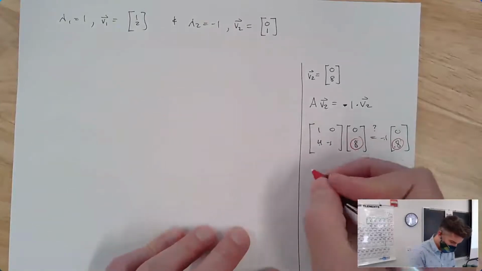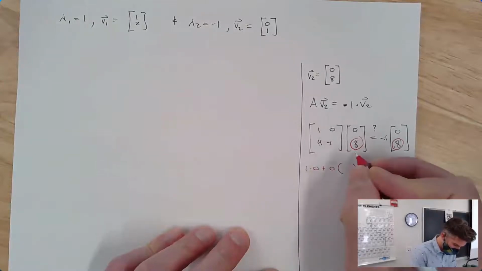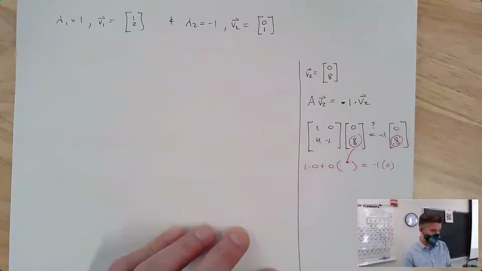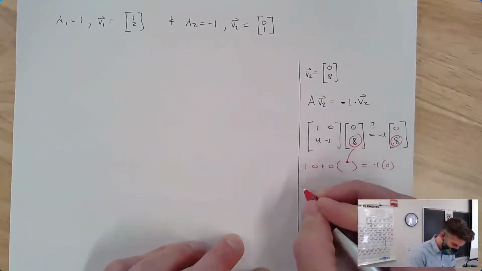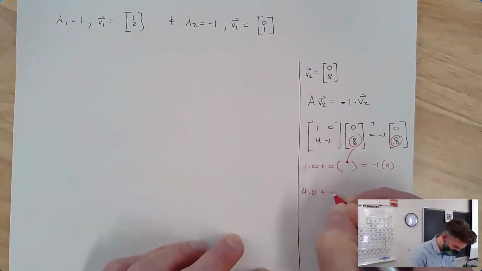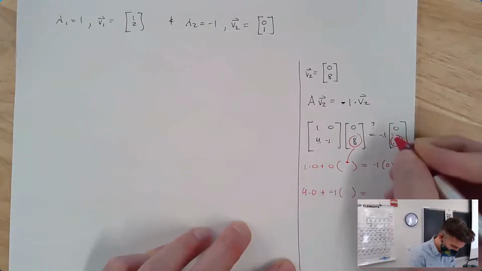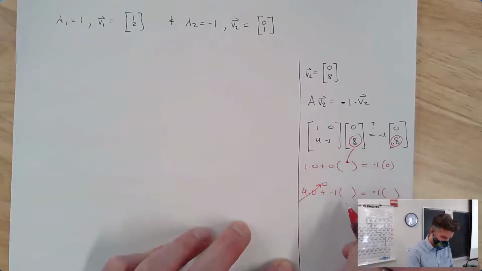Because when I do the math, the top row is 1 times 0 plus 0 times I don't care equals -1 times 0. Well, that's going to work out because 0 plus 0 equals 0. And in the second row, 4 times 0 plus -1 times we really don't care as long as it's not 0 equals -1 times the same. I really don't care. Oh, but that's 0. So of course this is equal to that.